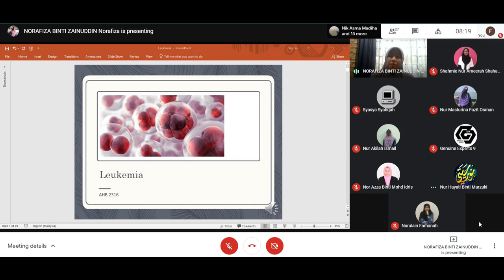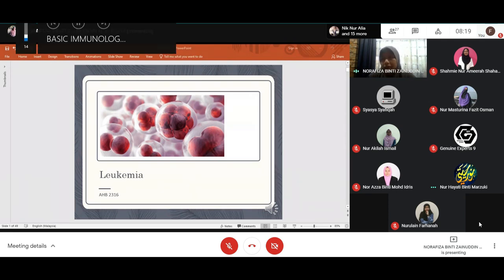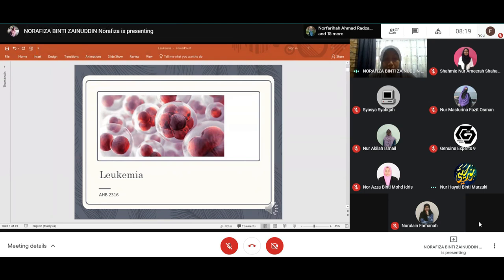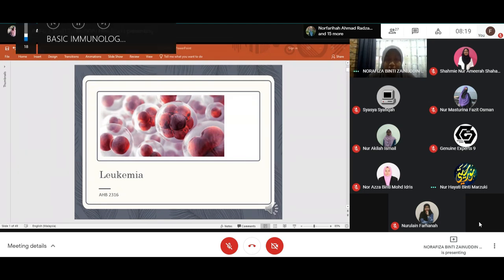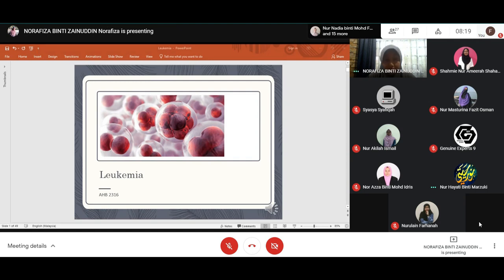The major tools in the diagnosis and also classification are morphologic review of the bone marrow, the blood cells, the blood smears, and also immunophenotyping. Saya rasa orang belajar immunophenotypes, CD23, CD5, and also they use conventional cytogenetics. Karyotyping is still there.